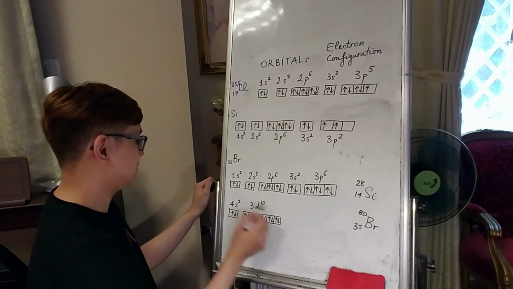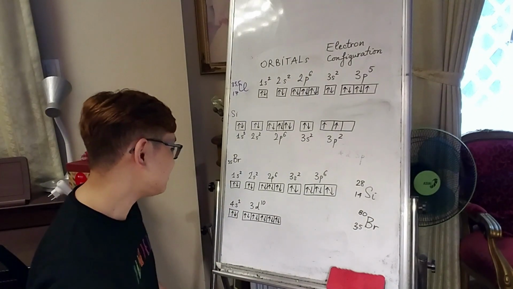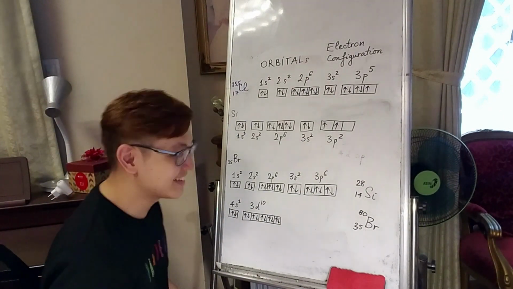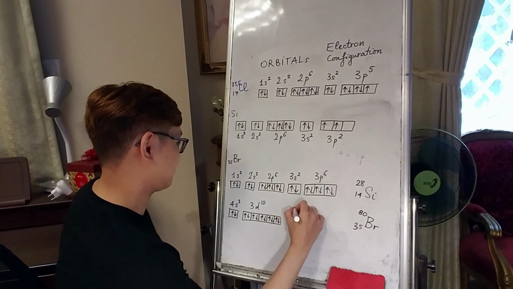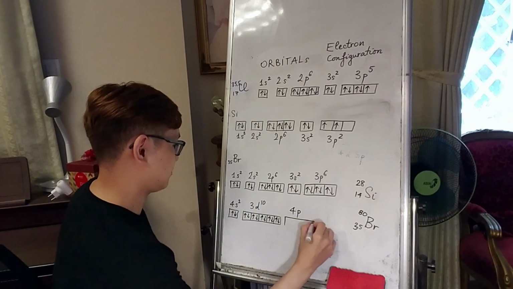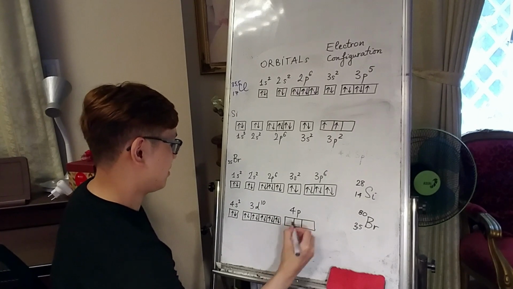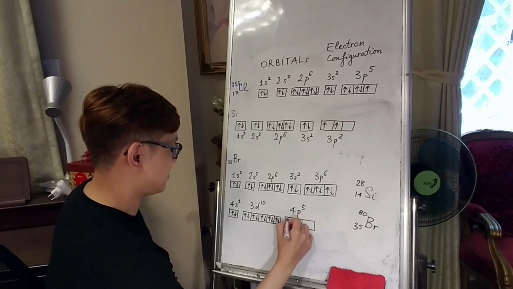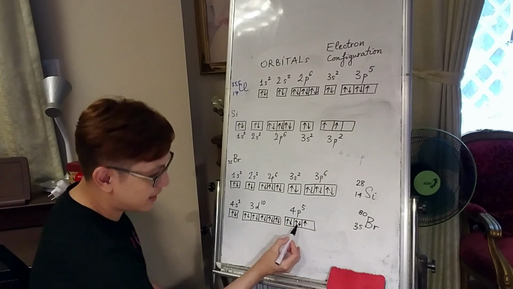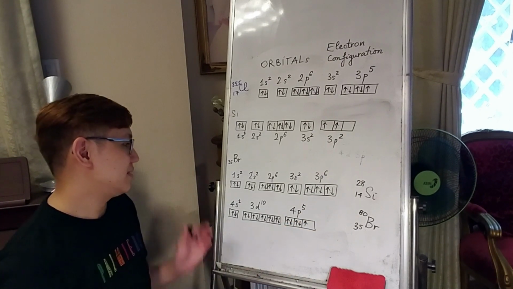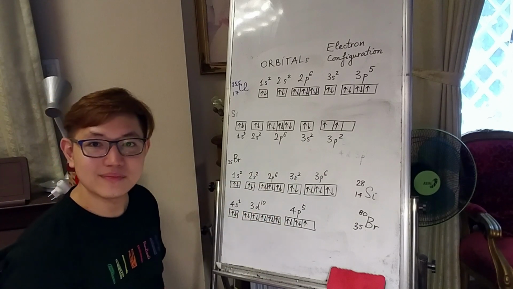So that's 30. You need 5 more. So what comes after 3d? It's 4p. So you need 5 more: 1, 2, 3, 4, 5. So this is the last electron I fill in. Okay, do you have the same answer?